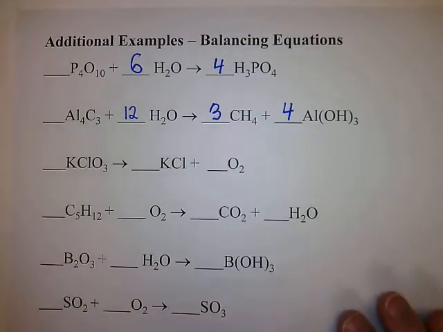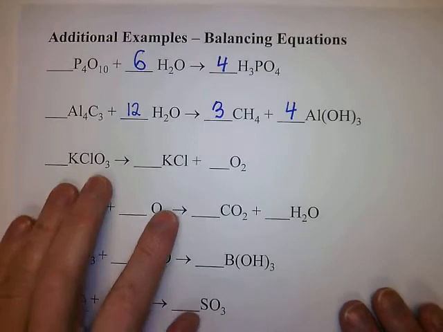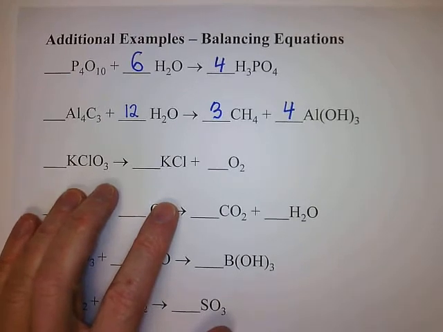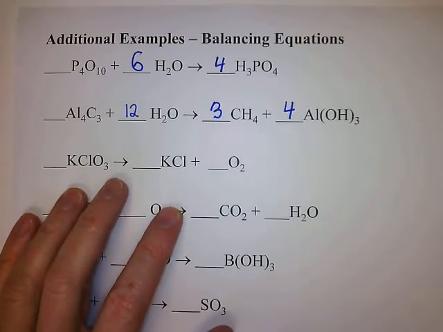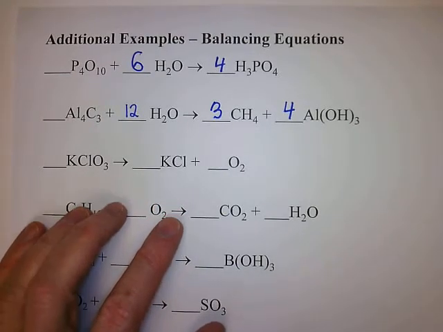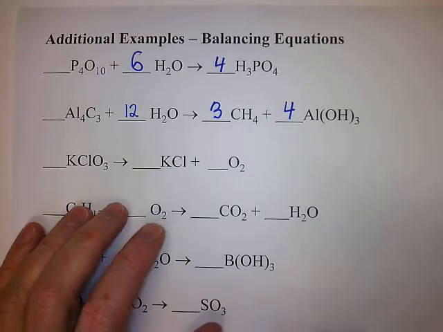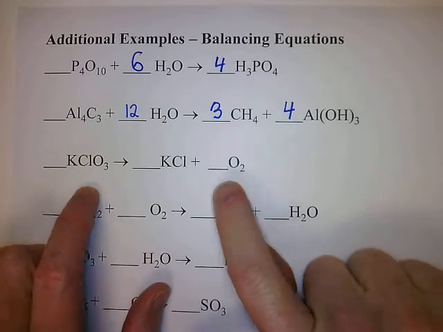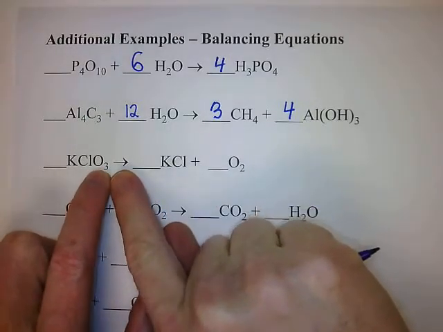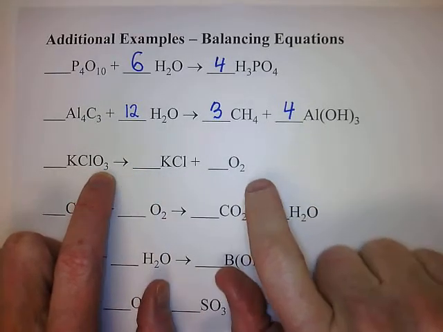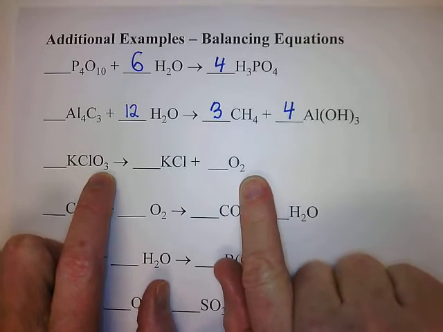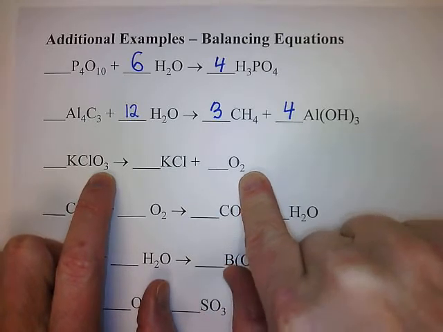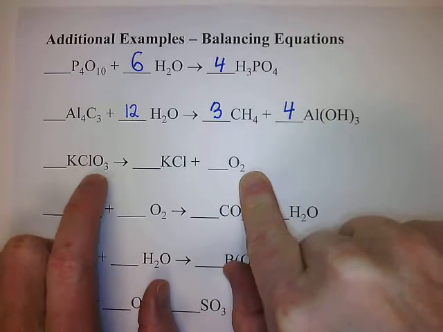decomposition of potassium chlorate into potassium chloride and oxygen. That's kind of a neat reaction. You just heat it and it decomposes and gives off oxygen gas. Well, obviously we're going to have to make the oxygen balance. We have 3 oxygens in KClO3 and only 2 oxygens in O2, right?